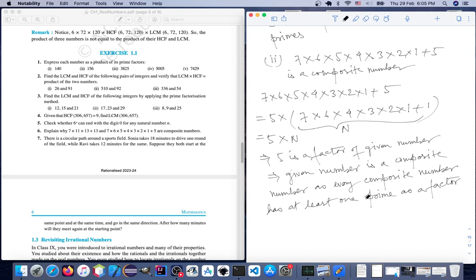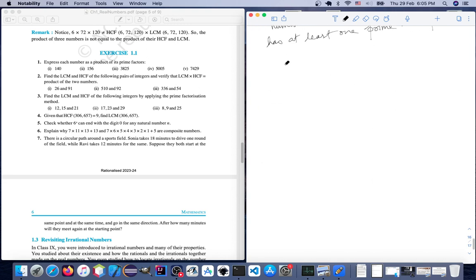Problem 7. What does the problem say? There is a circular path around a sports field. Sonia takes 18 minutes to drive one round of the field, while Ravi takes 12 minutes for the same. Suppose they both start at the same point and at the same time go in the same direction.